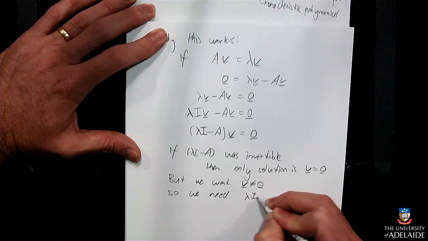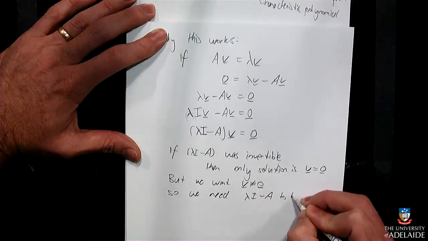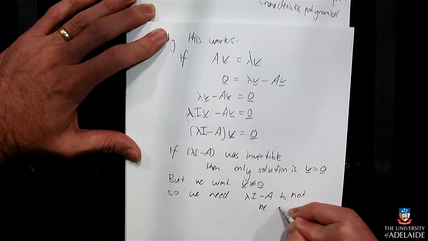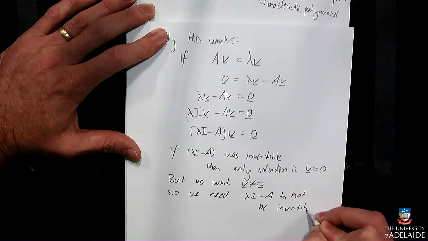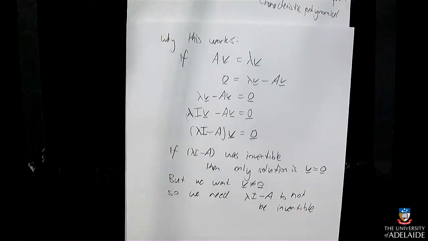So we need lambda I minus A to not be invertible. All right? If it was invertible, the only solution would be v equals 0. We don't want v equals 0, so we don't want it invertible. And how do you tell if a matrix is invertible? Well, if its determinant is 0, then it's not invertible.